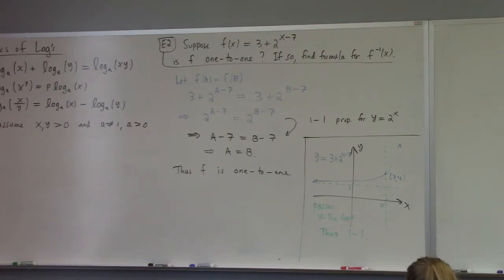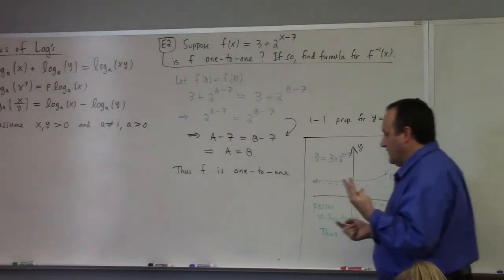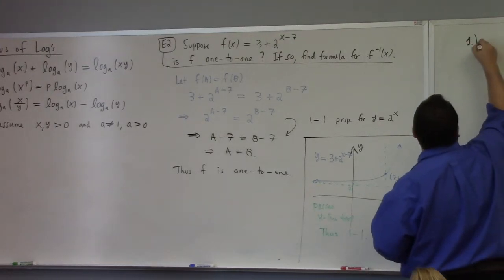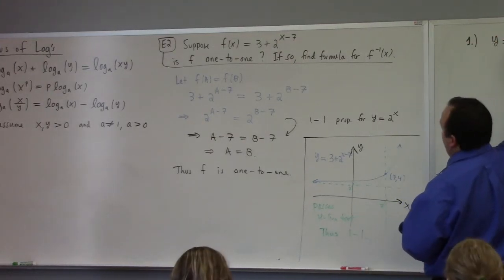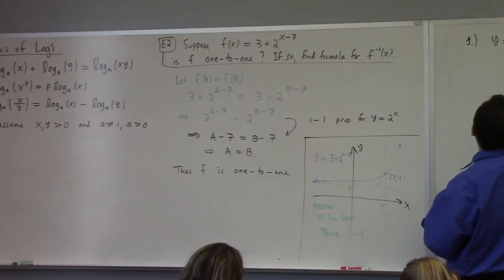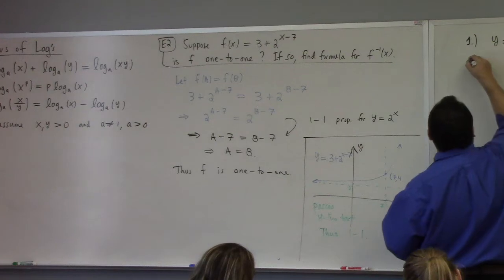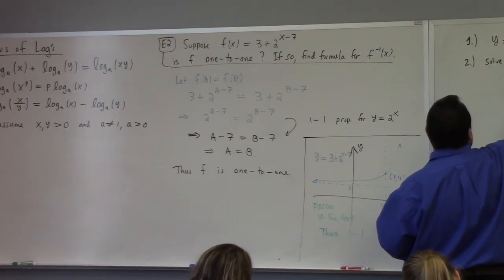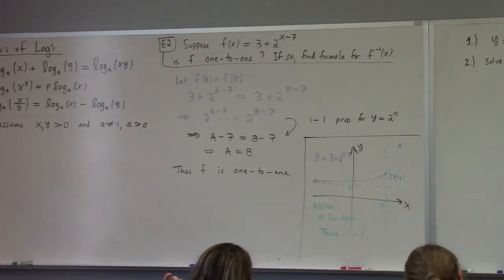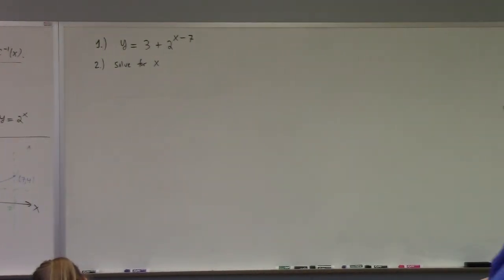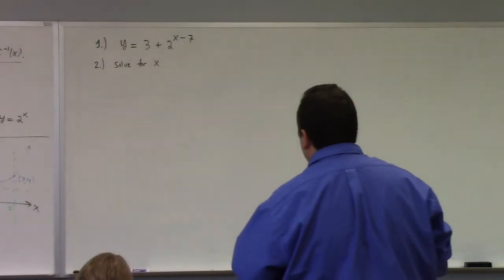We write y equals f of x. Here f of x is 3 plus 2 to the x minus 7. Step number 2 was to solve for x. Now, solving for x here is going to require the algebra that we're just starting to learn. How do you solve for x here?